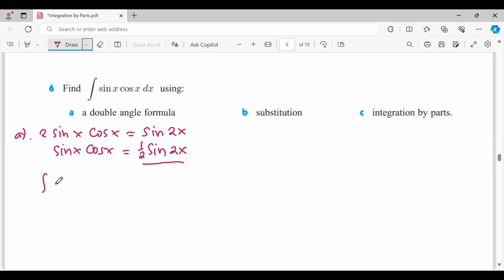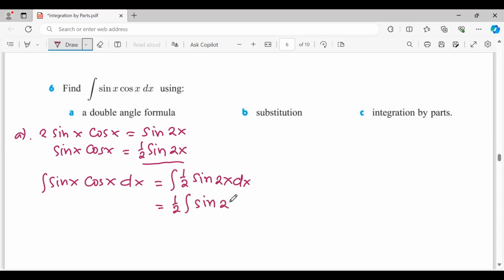So it means integral sine x cosine x dx equals integral half sine 2x dx, which is half integral sine 2x dx.